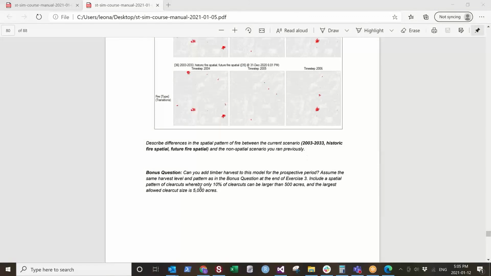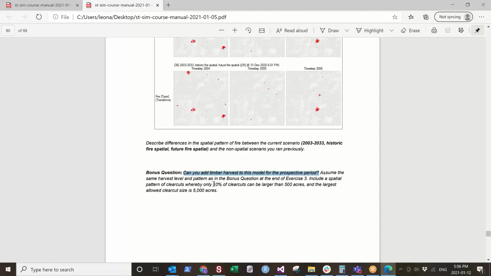The question was if we could add timber harvest to the model for the prospective period, which I think begins in 2014. We assume the same harvest level and pattern as the bonus question at the end of exercise 3, which was that aggregated harvest moving across blocks in space.